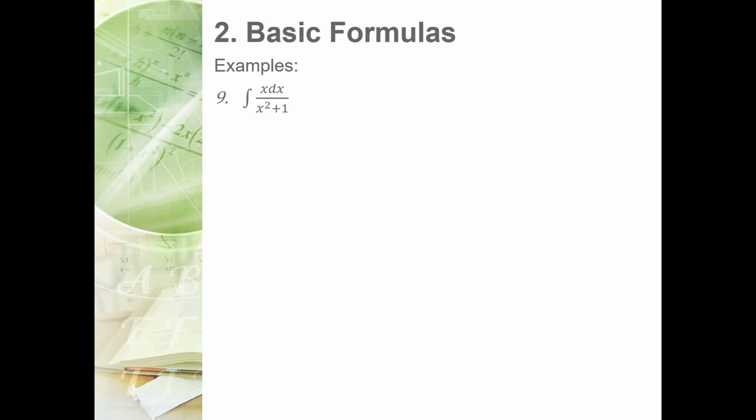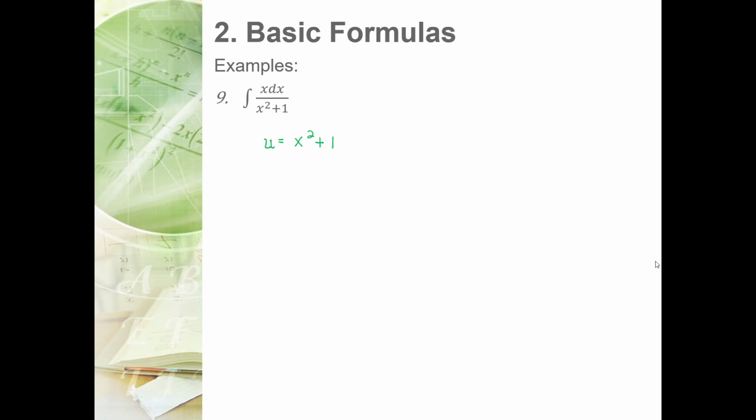Since we don't know yet what particular basic formula we're going to use, always let u be the higher degree or the higher exponent, the higher term. So our u parameter is x squared plus 1. So u is equal to x squared plus 1.